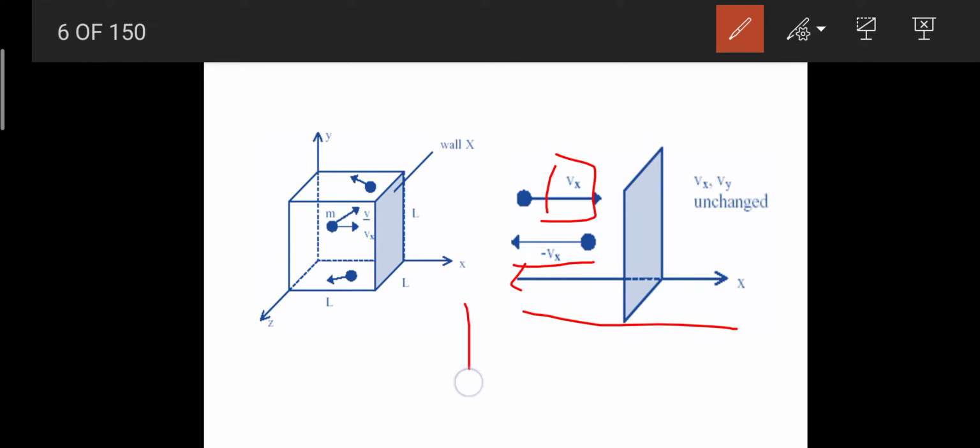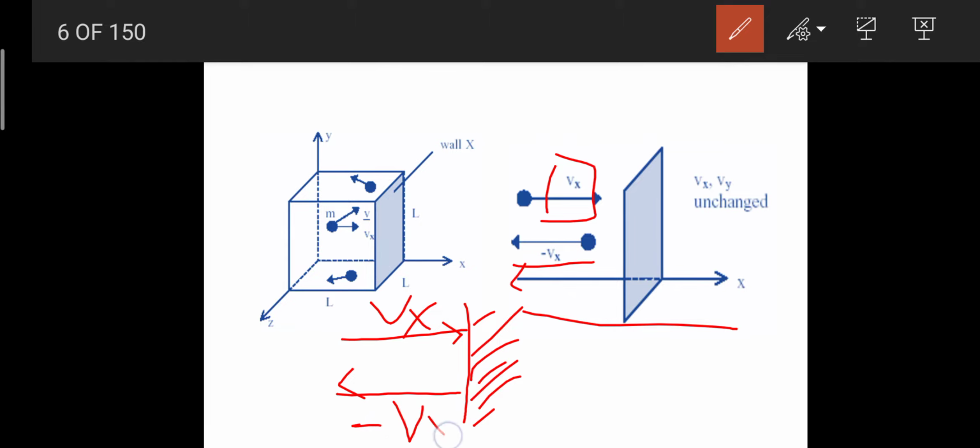If I draw a diagram here, consider one molecule moving along the x-axis, so its velocity is Vx, and it is again returning from that, changing its path, it is going to be minus Vx.